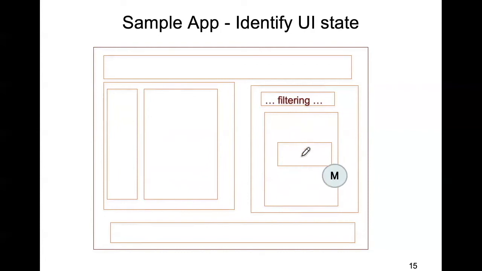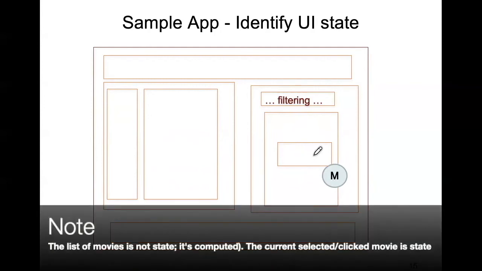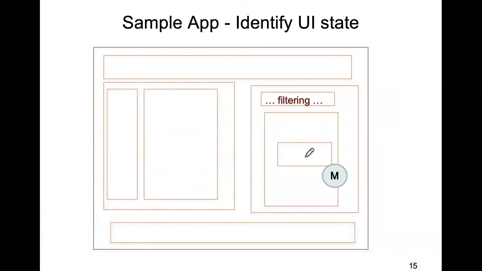And because the user can interact with any of the movies on the list, they can click them, by selecting them, then that is a candidate for state data. That's number 1.